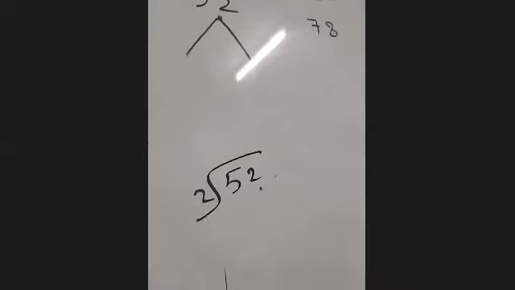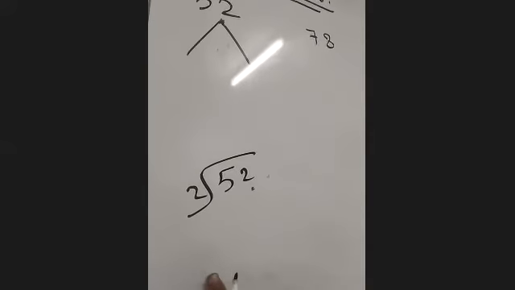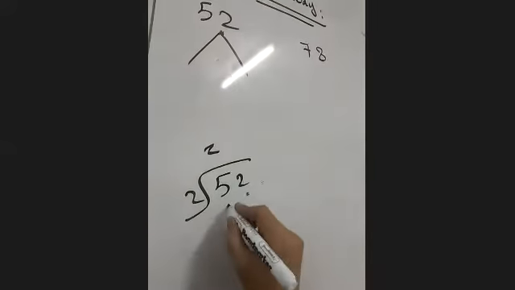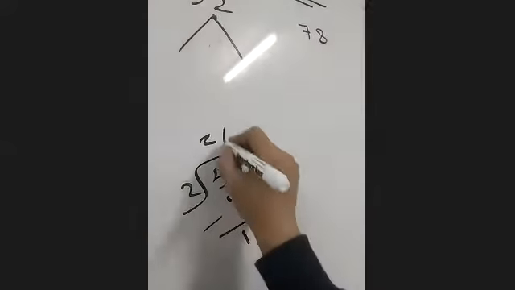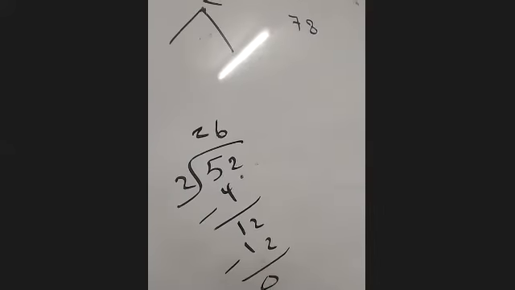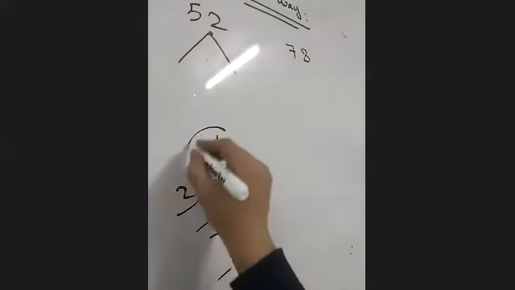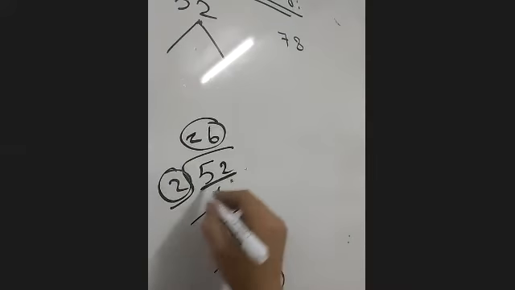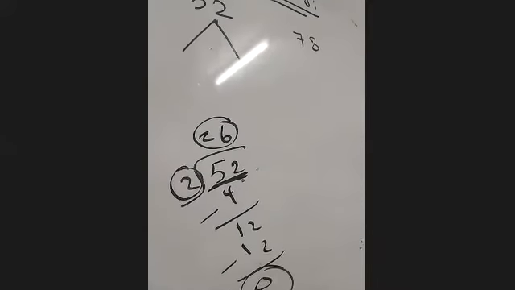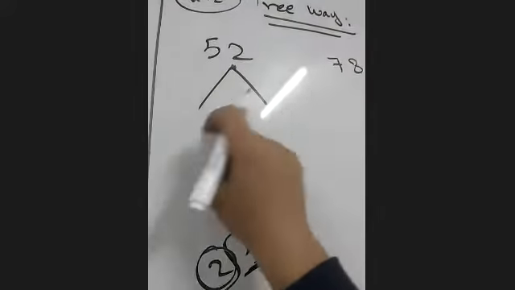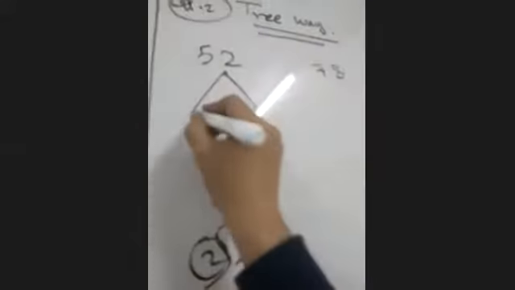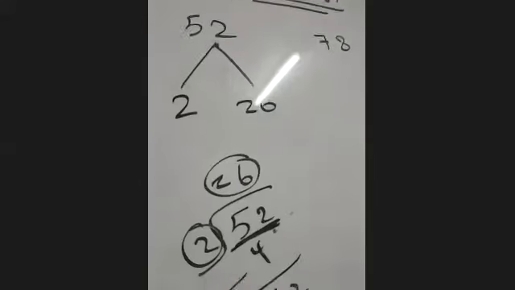Do you know how to divide? Yes, I know. 2, 4, subtract, 1, 2, 6, right? Yes. What's the remainder? 0. It means if you multiply 26 by 2, the answer should be 52. So the two numbers that multiply to give 52 are 2 and 26, right?